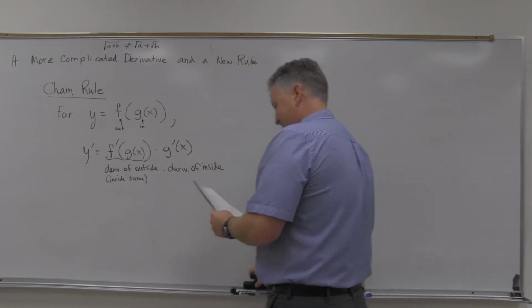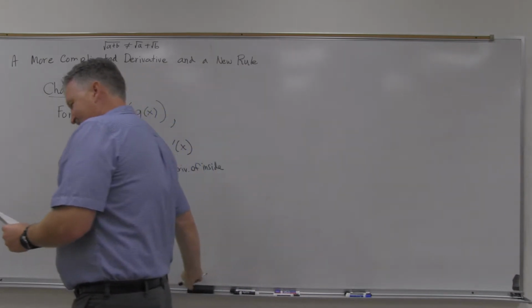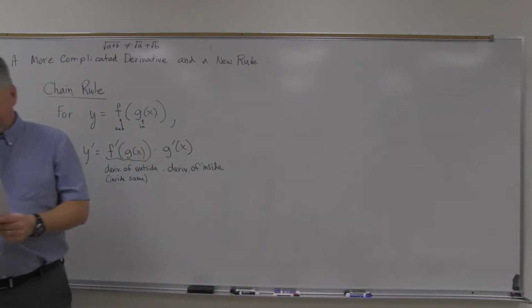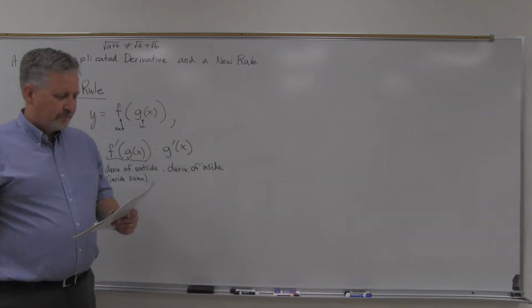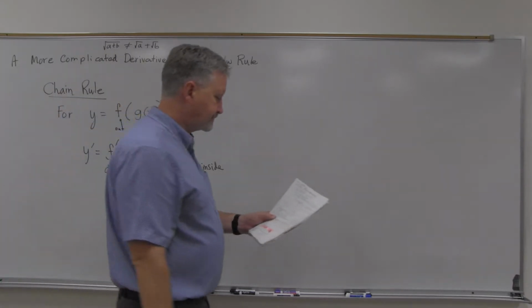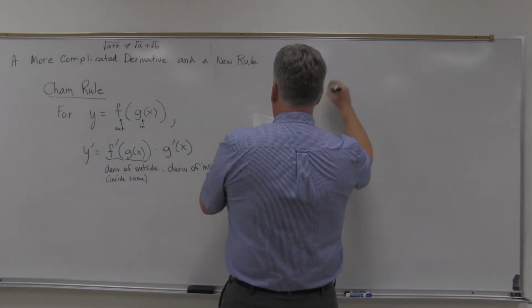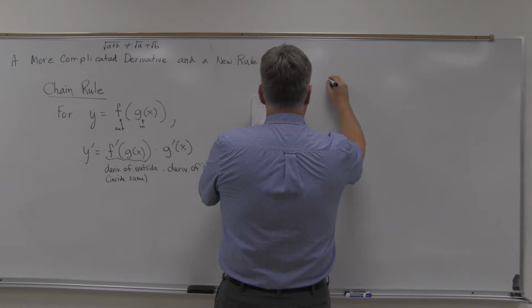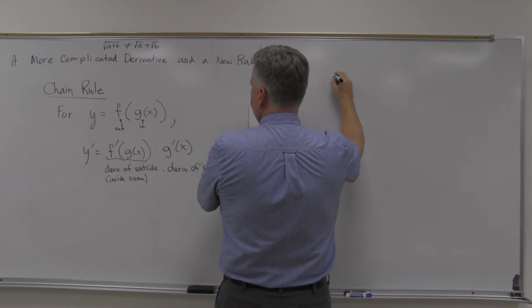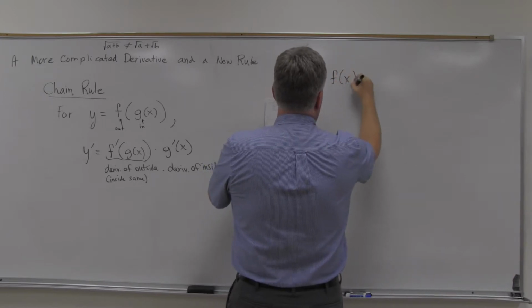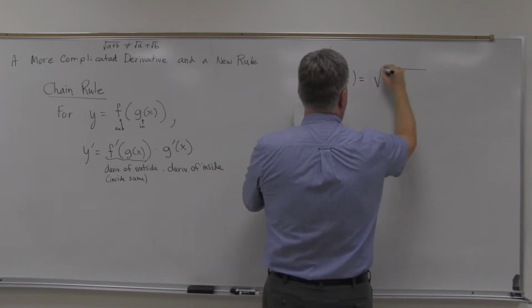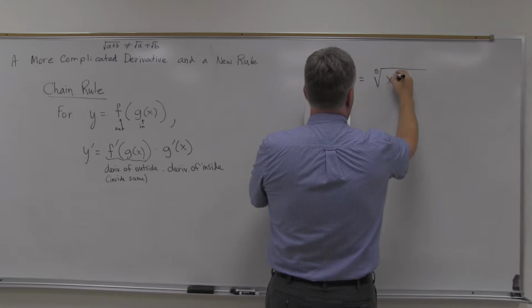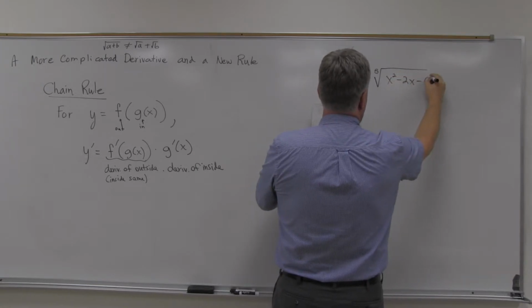Let's try another. It is helpful. All right, let's do this one. Let's say we've got f of x equals the 5th root of x squared minus 2x minus 9.